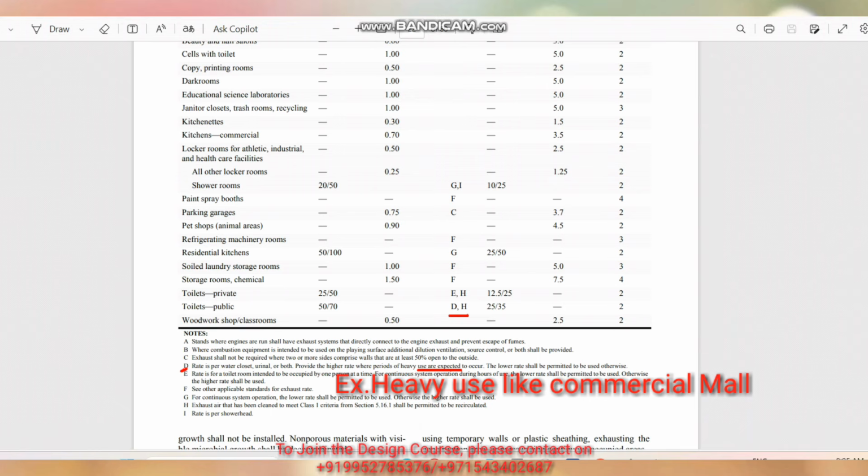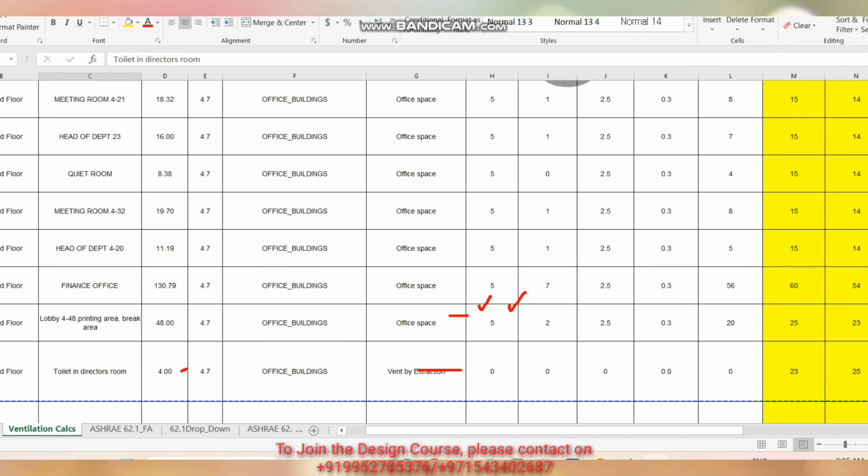That time we can go with 35. Simply, it's continuous and heavy use. For other normal applications like an office building, we cannot expect that much crowd usage of the toilet, so we can go with 25 liters per second. That is sufficient for an office building application. So 25 liters per second we will choose for the toilet here.